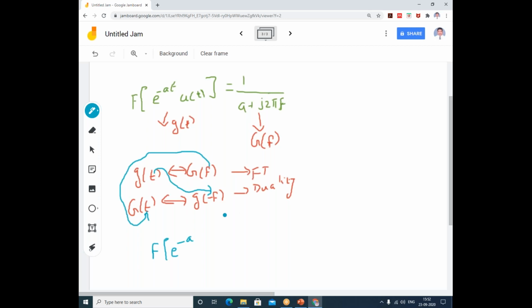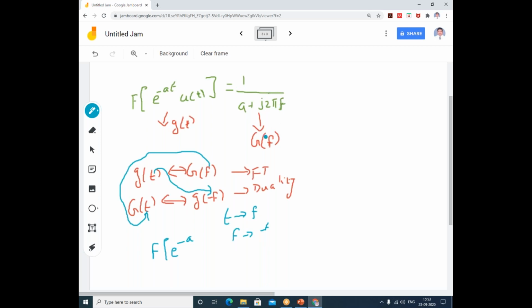In the duality principle, you need to replace t with f and f with minus t. So sorry, t with f and f with minus t, right?